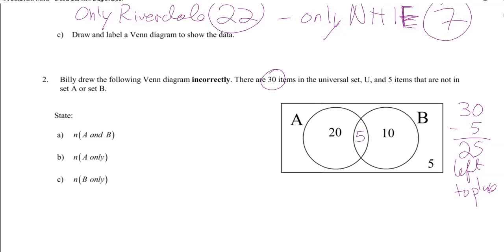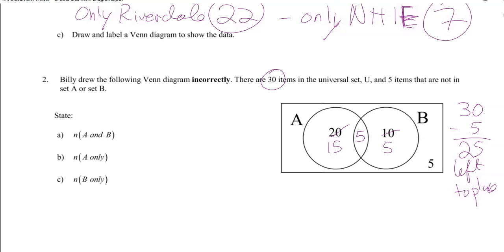There's going to be 5 in both, right? Which takes this A only down to 15, giving me 20 there, giving me 10 inside here. So we've got 15, 20, 25, 30.